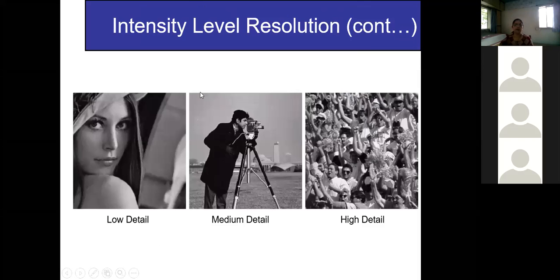So then it also depends on image type. This is an example of a low detail image. This is an example of a medium detail image. And this is an example of a high detail image. Here there are many people making various hand movements and gestures, so there are lots of details in the image.